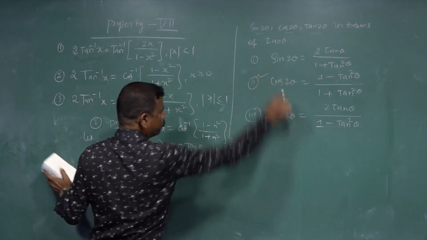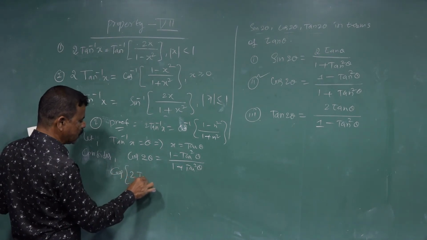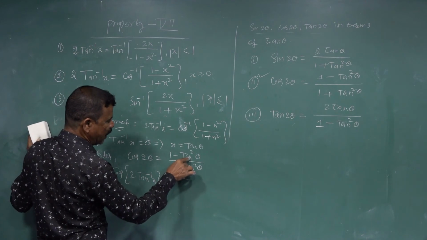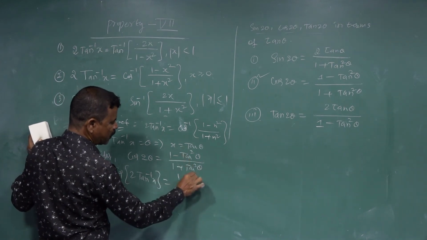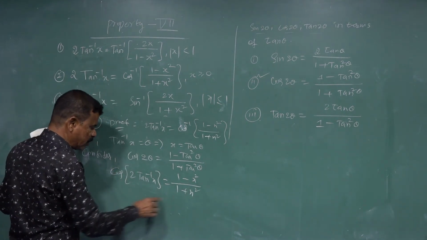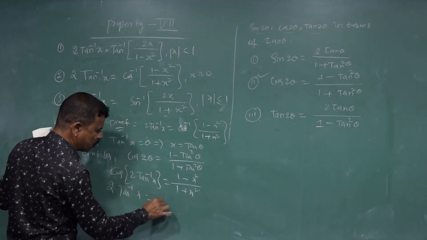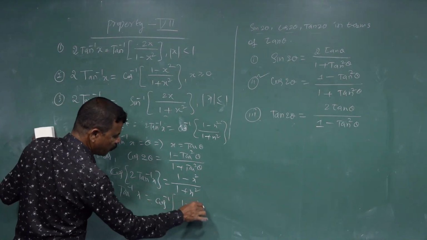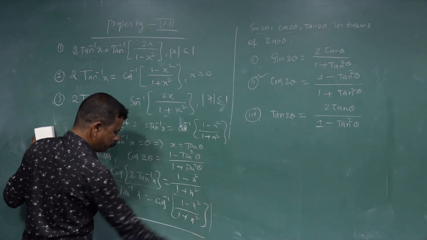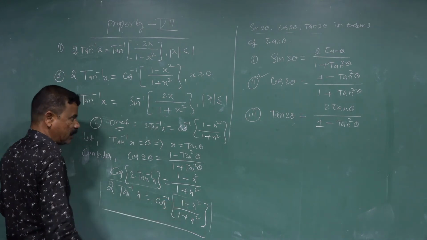This formula. So cos of 2 theta, where theta is tan inverse x, is equal to 1 minus x square by 1 plus x square, with tan theta as x. This cos moves to this side: 2 tan inverse x is equal to cos inverse of 1 minus x square by 1 plus x square. This is the second formula.